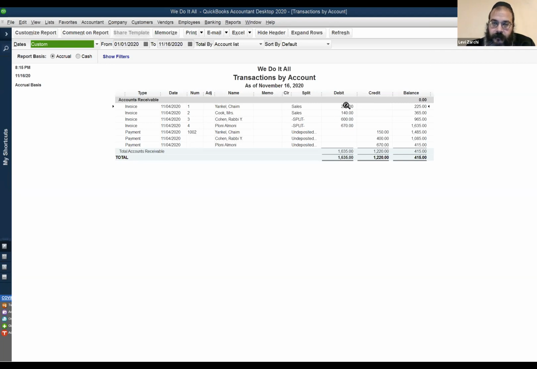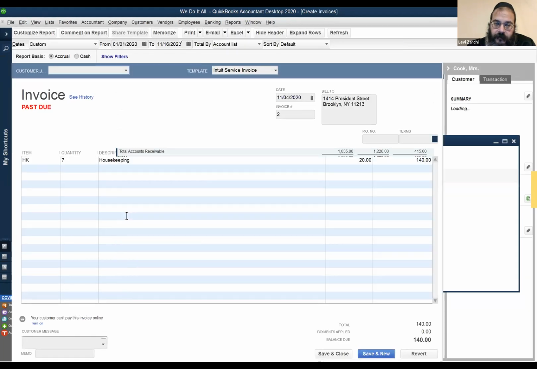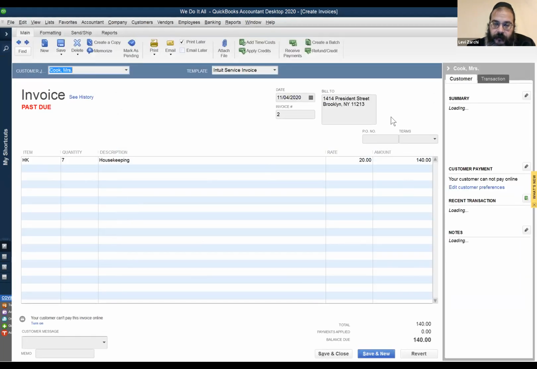The way a receivable is added to an account is that receivable is an asset, and assets increase with debits. So the total debit of Chaim Yankel, his receivable is $225. The total debit of Mrs. Cook was $140. You want to know how? You could drill down, double click on the $140, and you'll pull up the invoice, which was the 7 hours of housekeeping at $20.